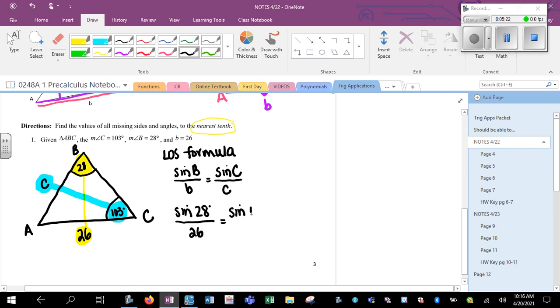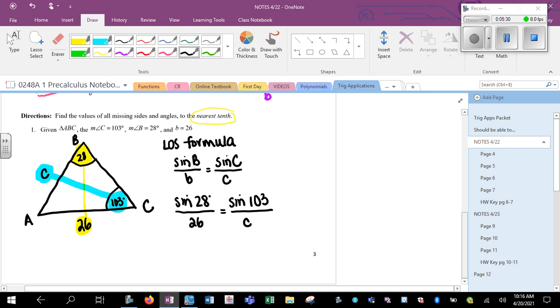Angle C is 103 degrees. Side C is unknown. This is a proportion. We can solve our proportion by cross multiplication. So we get side C times the sine of 28 degrees equals side B of 26 times the sine of angle C of 103 degrees. Divide by the sine of 28.